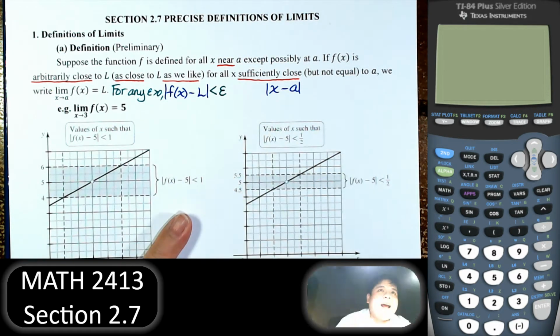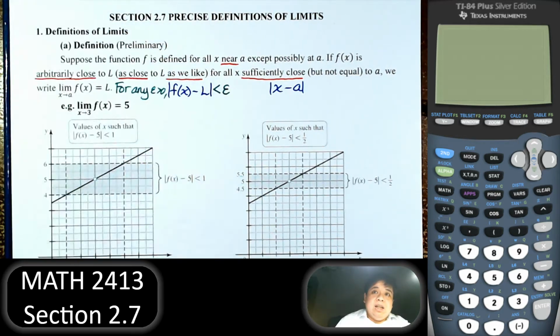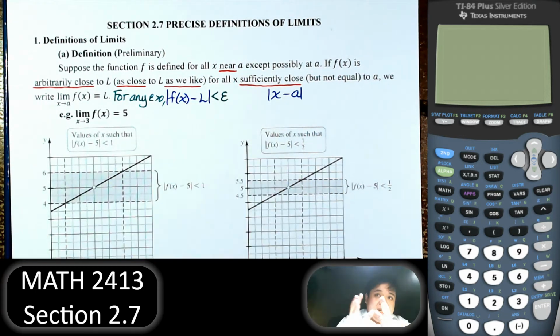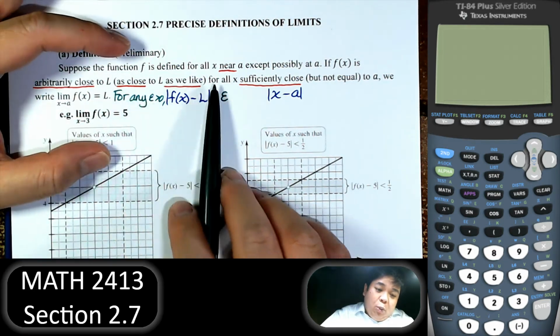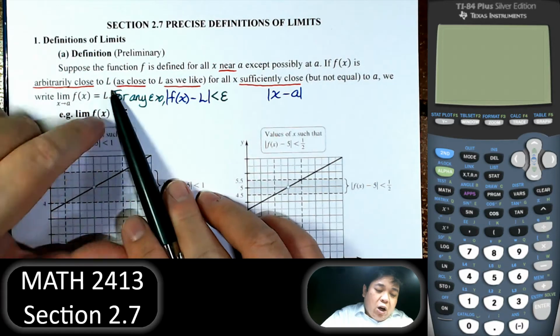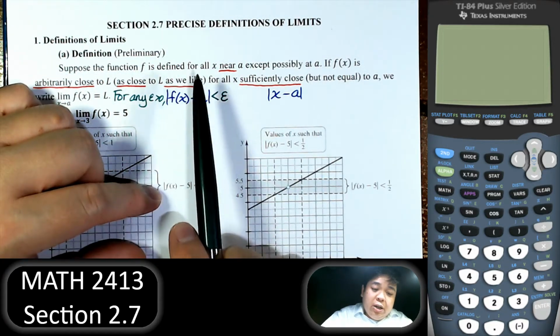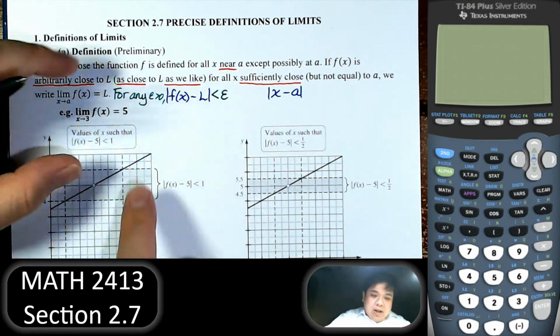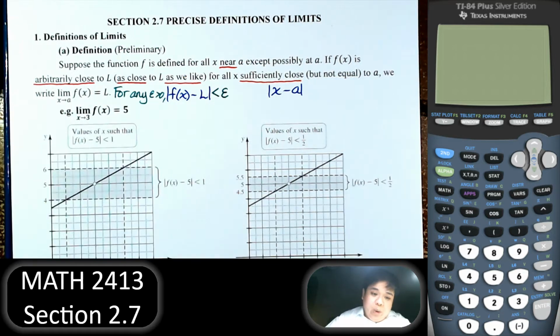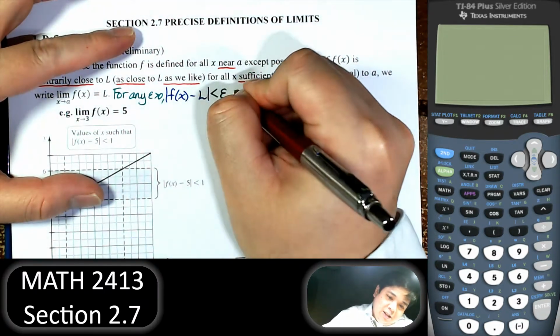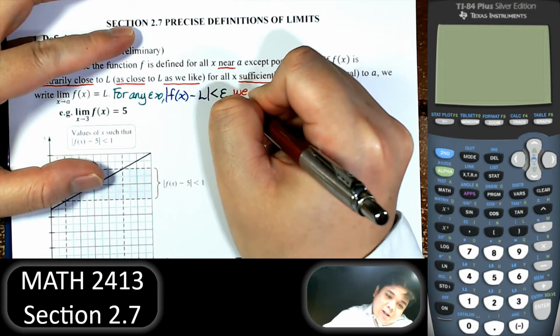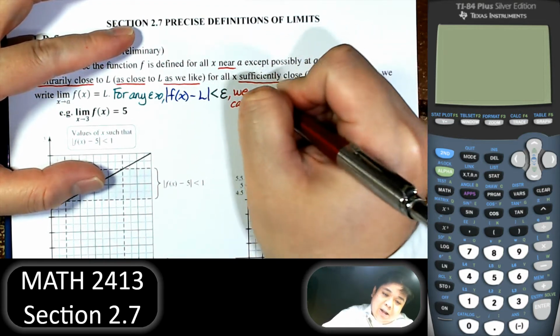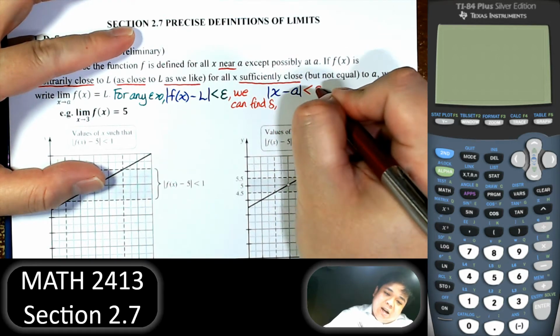So mathematically, that's how it works. We said as close as we like; if we want to establish a number, it can get even smaller than that. That's what I mean. So for any epsilon like that, the function is close to L, as close as we want to, for every x sufficiently close to a. So when we have epsilon, we can find delta such that the distance between x and a is less than delta.